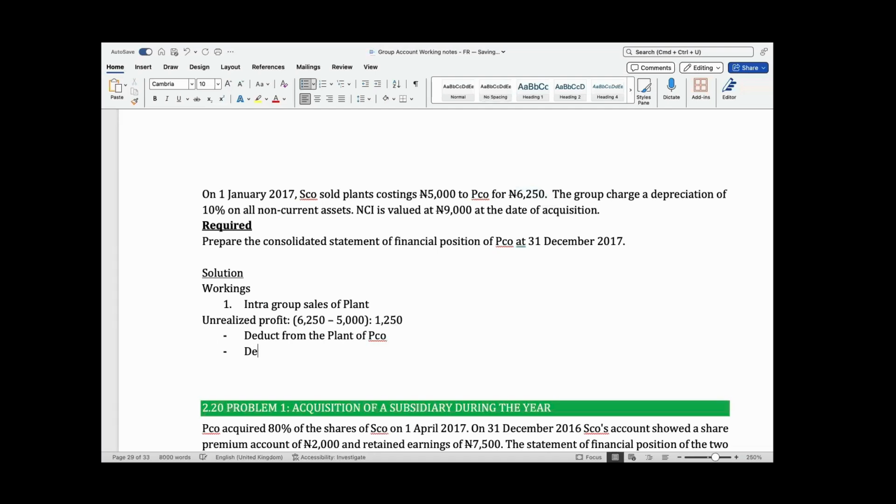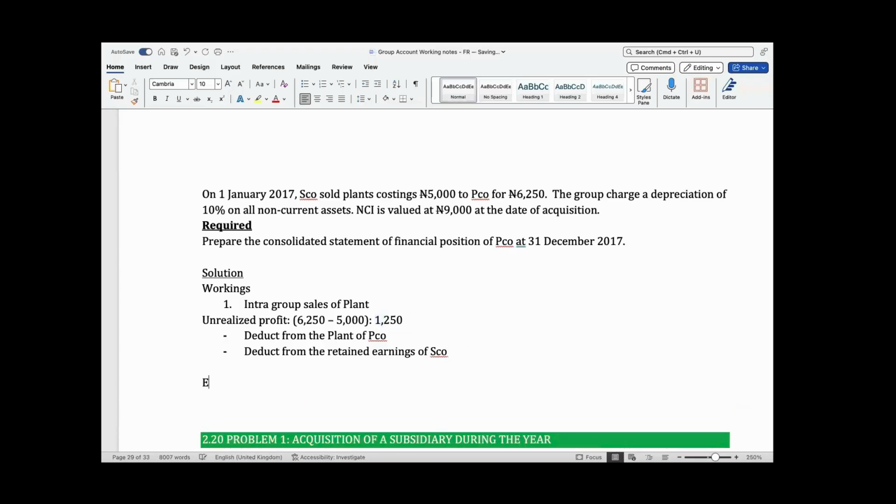Also, we'll deduct these unrealized profits from the retained earnings of ESCO. ESCO made a profit because it was the one that sold, so we are removing these unrealized profits from its retained earnings as well.